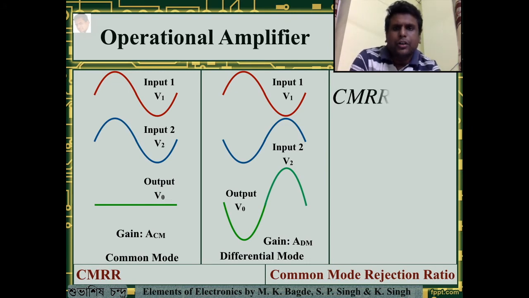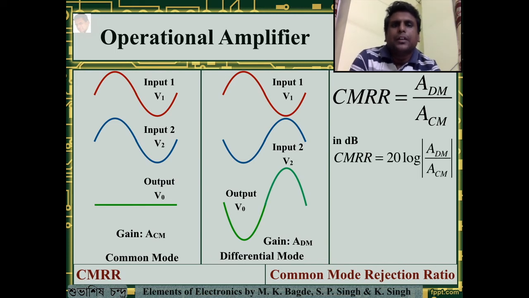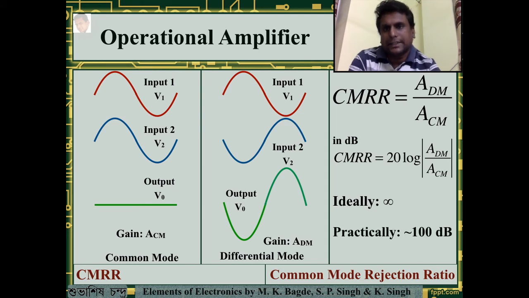The ratio of these two quantities, that is the differential voltage gain and the common mode voltage gain, is called CMRR, or common mode rejection ratio. In decibels, we can represent it in this format. Ideally, the value of CMRR for any differential amplifier should be infinity, but practically it is about 100 decibels.